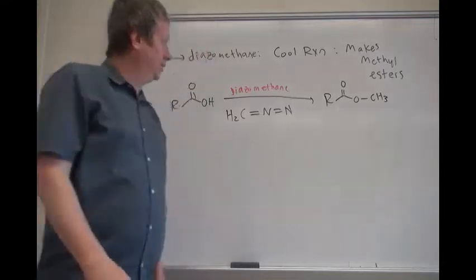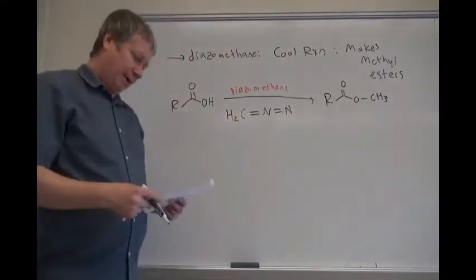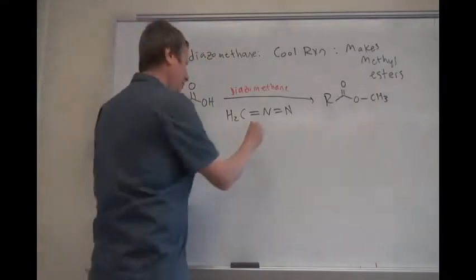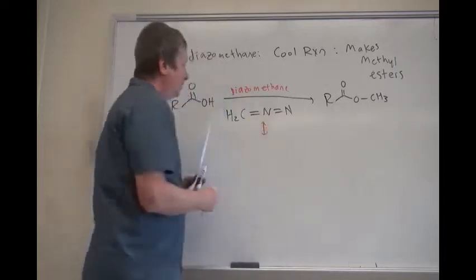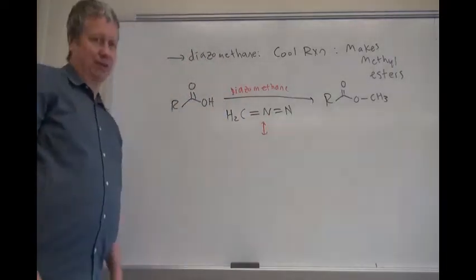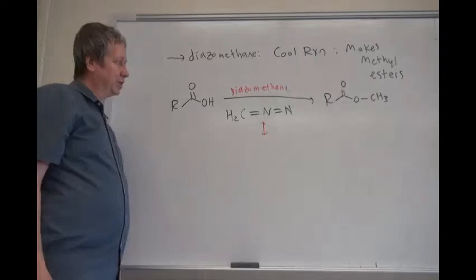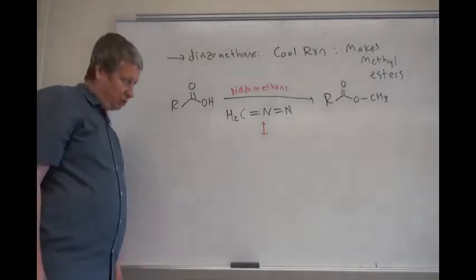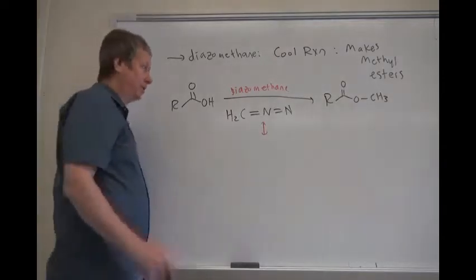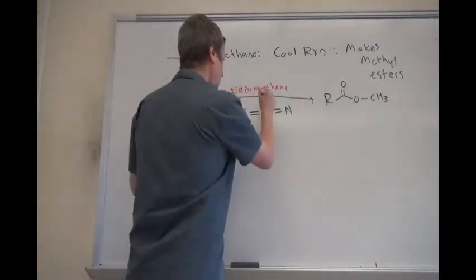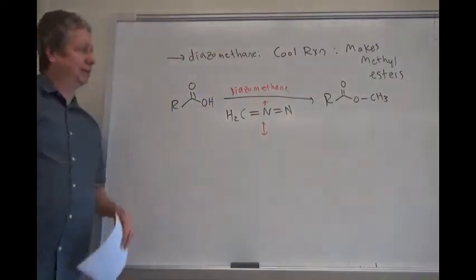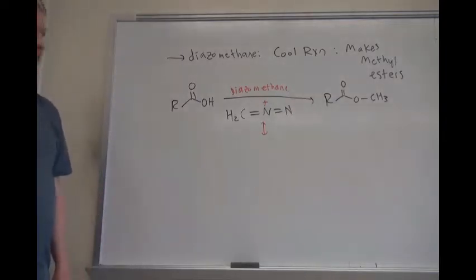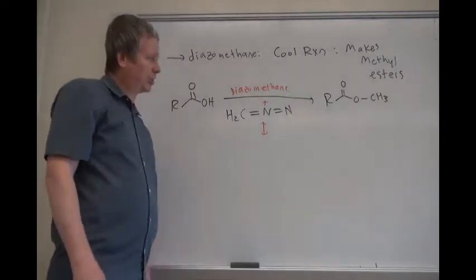How does it do it? Well, mechanistically, it's actually pretty easy. The big thing is you want to draw a resonance structure of it. What are the charges of everything? Carbon is neutral. Then we have the middle nitrogen's positive. What about the right side nitrogen? What's the charge of it?